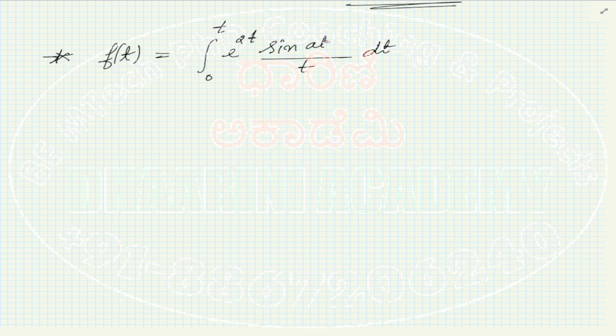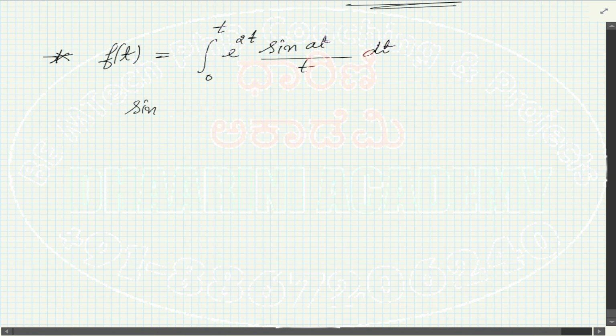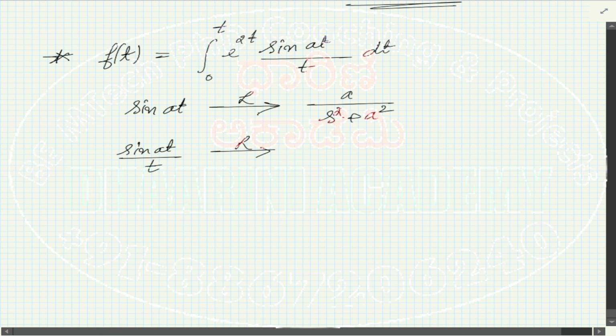So how do you find sine at by t? I should start from the sine function. So sine at will have its Laplace a divided by s square plus a square. Correct? Now, what do you do for sine at divided by t? Because step by step I can do that, right?